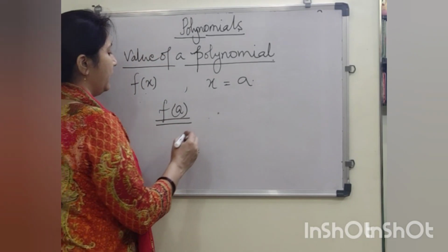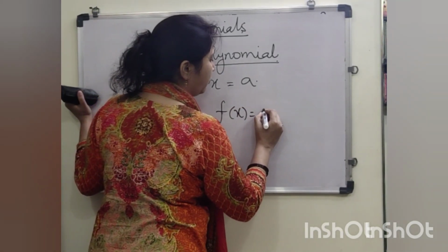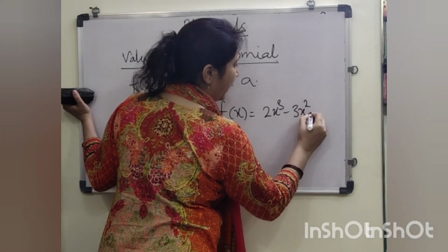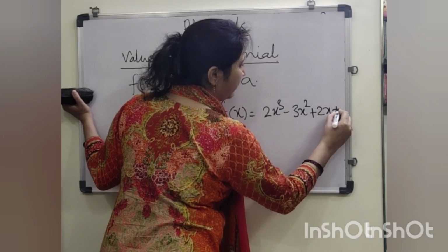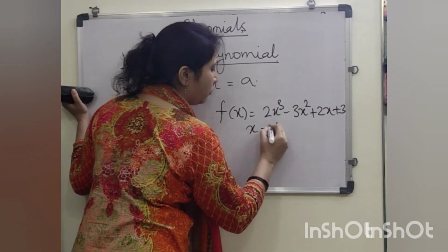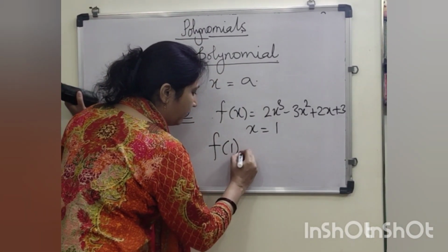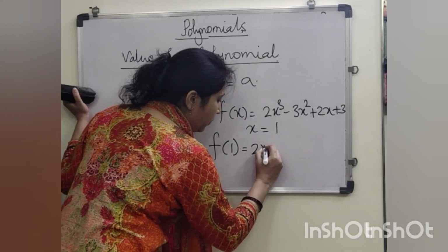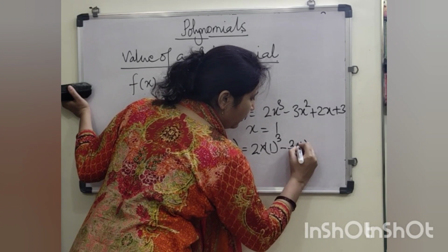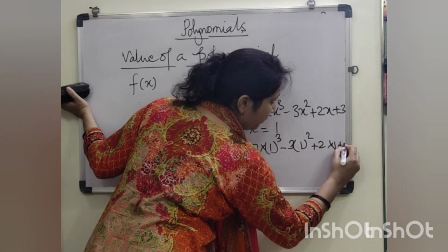For example, suppose you have a polynomial f(x) is equals to 2x cube minus 3x square plus 2x plus 3. You have to find its value at x is equals to 1. So what we do? We replace x by 1 and it will become 2 into 1 cube minus 3 into 1 square plus 2 into 1 plus 3.